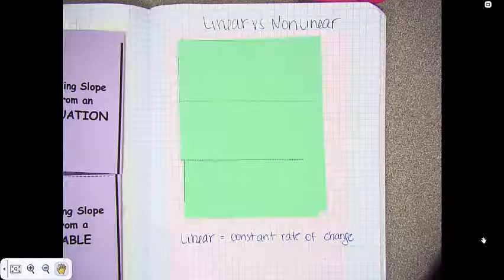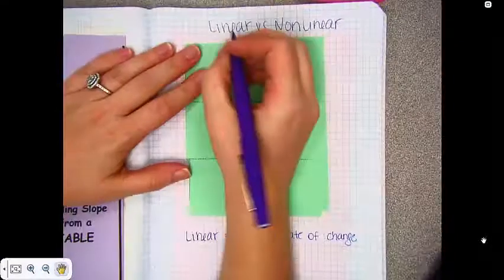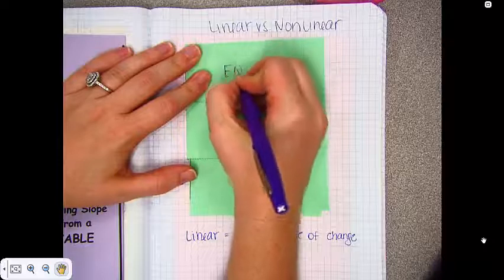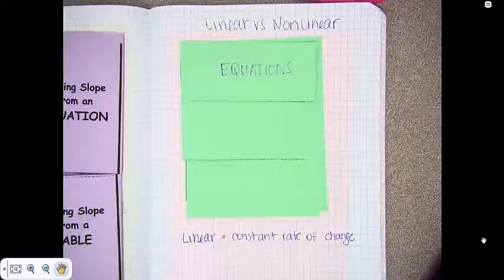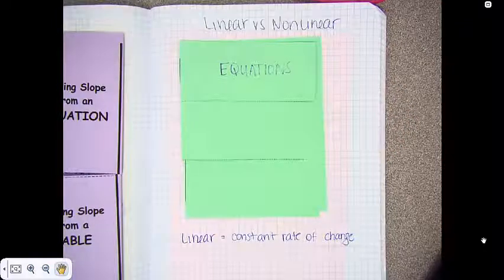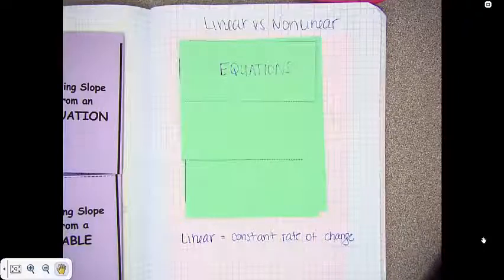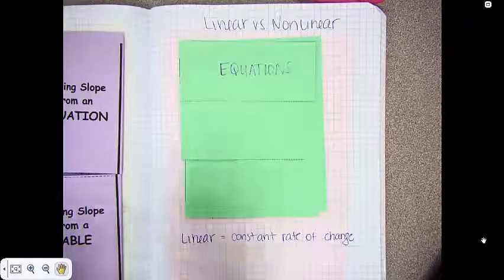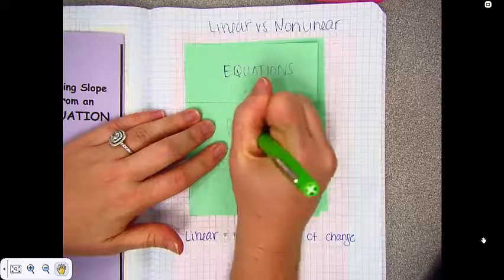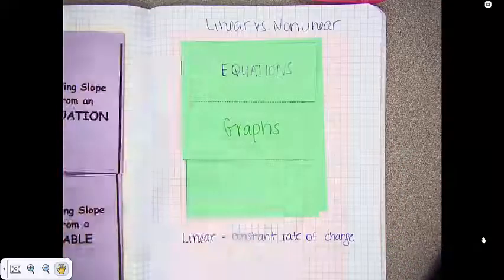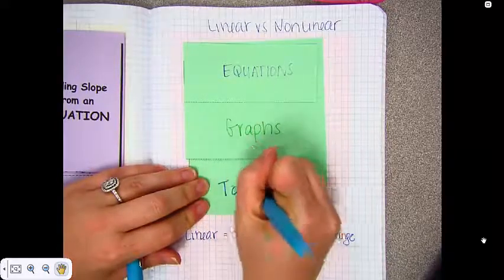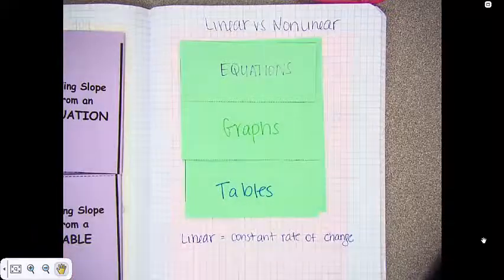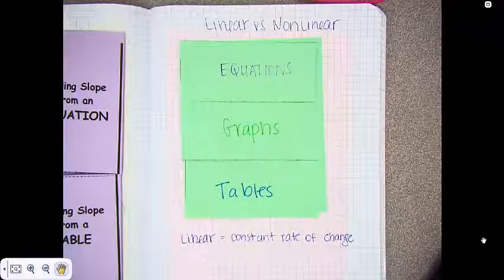We're going to look at how to identify linear and nonlinear equations, graphs, and tables. Okay, so we're going to look at equations, graphs, and tables and identify linear versus nonlinear functions.